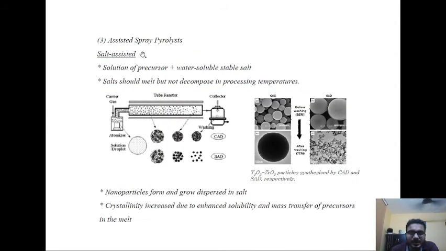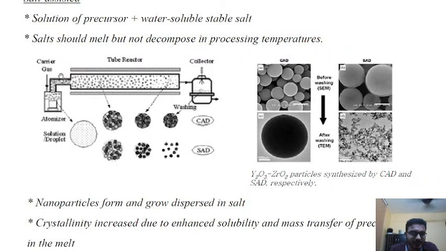The next is assisted spray pyrolysis, that is salt assisted. We have a solution of precursor plus a water soluble stable salt. The salt should melt but not decompose at the processing temperatures. So here we have a carrier gas along with the atomizer.